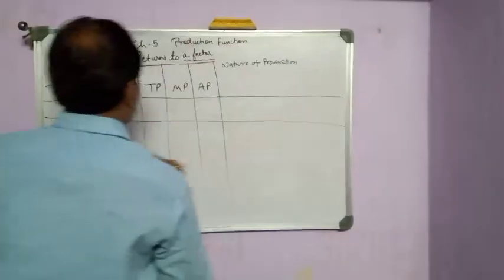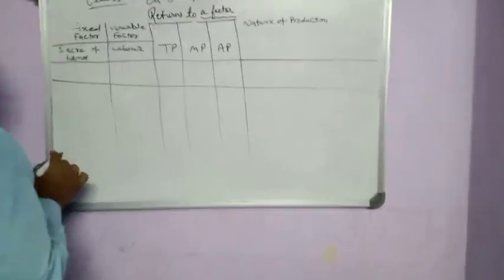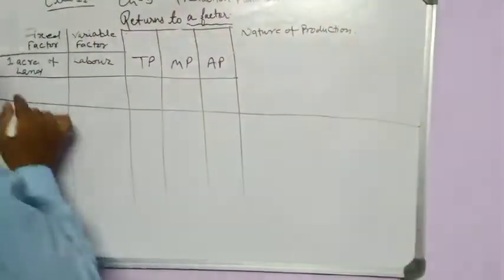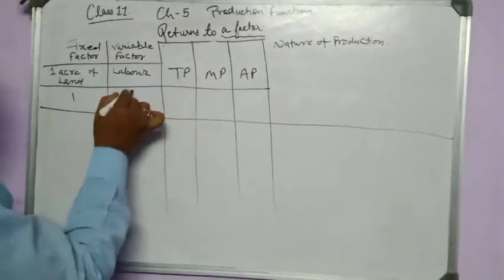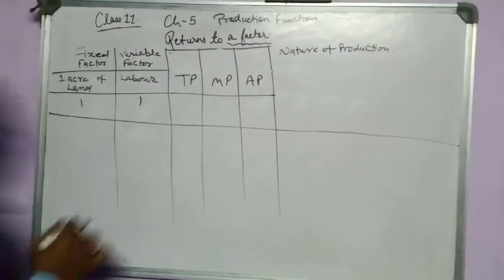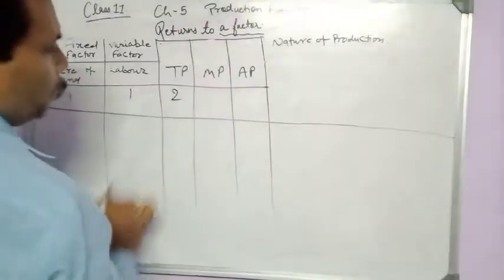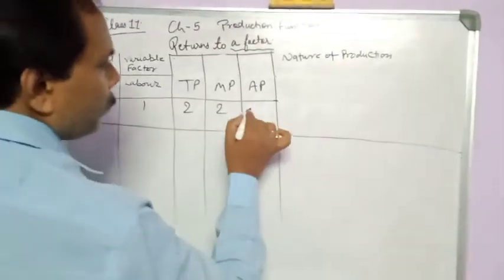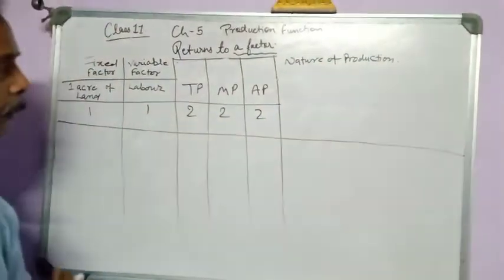So here the land is constant, that is 1 acre, and if we apply 1 labor, suppose our total production is 2, so marginal production will also be 2 and the average production will also be 2.